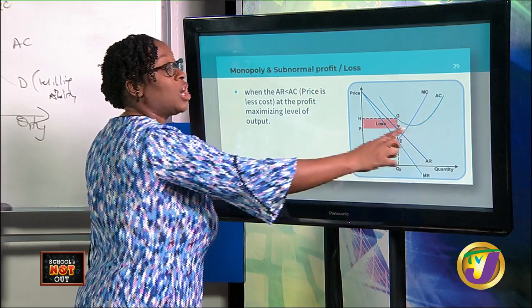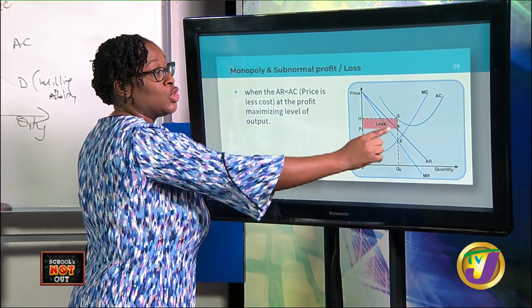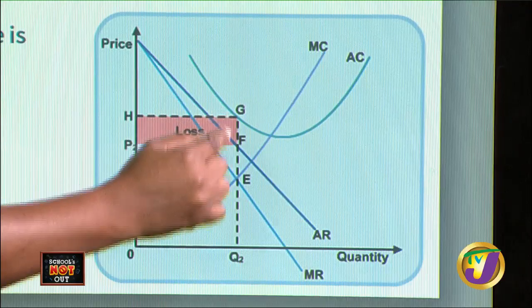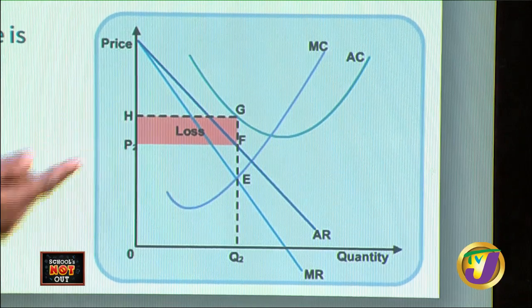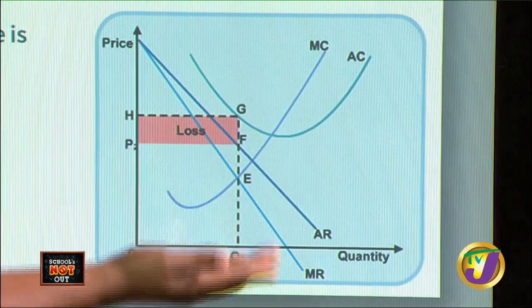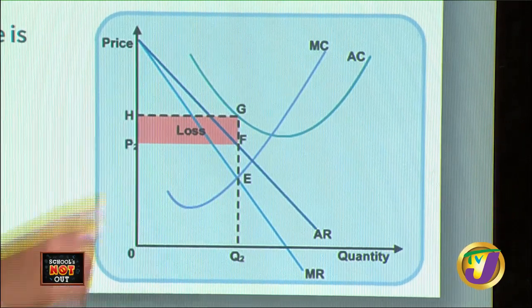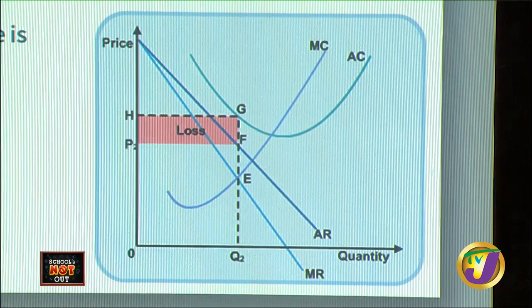But your average cost curve is much higher. So when you take your line up to touch your average cost curve and carry it across on your price line, H, you will see that H is much higher. So your cost of producing is higher than your selling price, and so the firm here is operating at a loss.